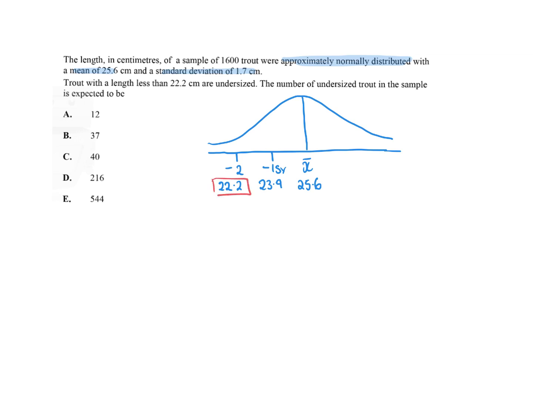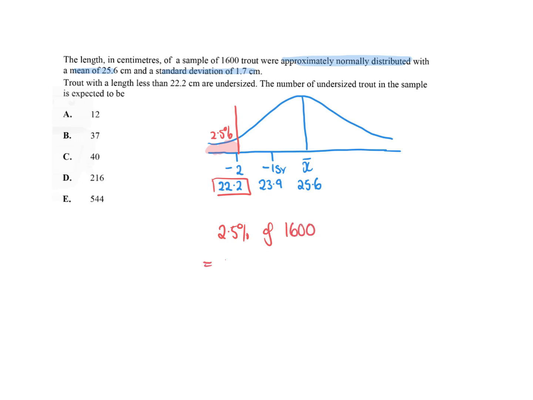It says if it's less than that, it's undersized. So we want to go this way. And remember, when we have minus 2, that little pocket is 2.5%. So we're going to say, all right, 2.5% of this sample of 1,600 are undersized.